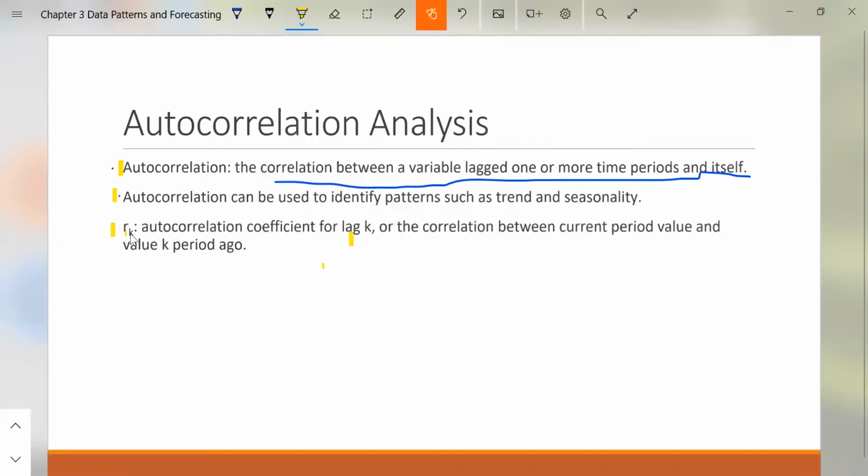For example, if I'm looking at K equal to 1, the autocorrelation is denoted by R1, and that is referring to the correlation between values in the current period versus the value 1 period ago. Okay, if I'm looking at K equal to 3, then the autocorrelation will be denoted by R3, and I'm looking at values in the current period versus the value 3 periods ago.